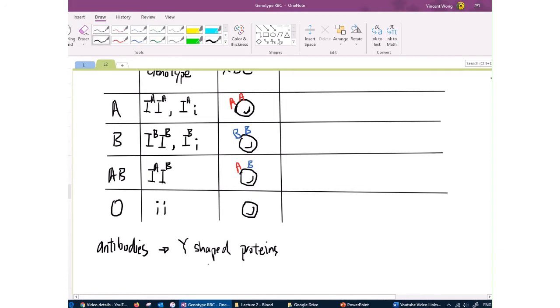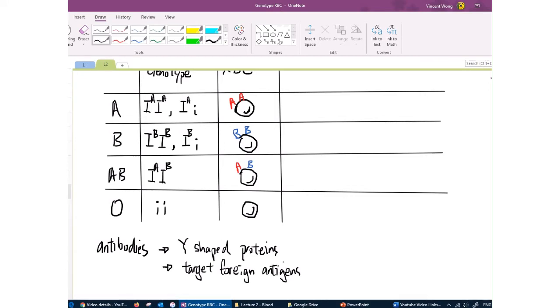Now, these proteins are important for immune defense purposes, and to keep it simple, basically you have the ability to make antibodies that would target foreign antigens.